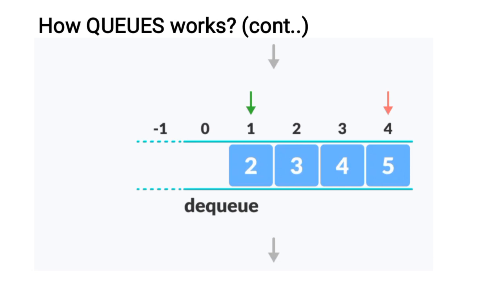So we have removed the first element from the queue, and the value of front has been incremented. Meaning that the value of front will be what? Will be 1. Then if we continue removing elements, the value of front will continue incrementing.